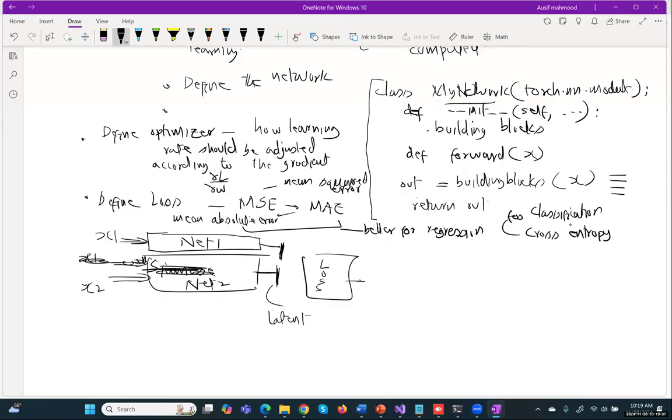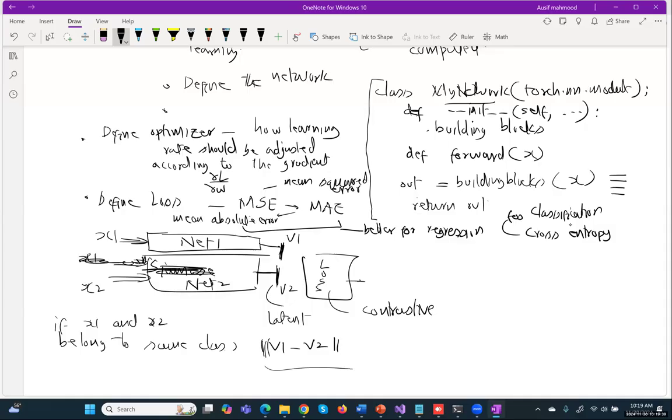So remember, if this is some vector V1 that it's producing, and this is V2 it's producing, then if X1 and X2 belong to the same category, the same class, in the contrastive loss the goal was the distance between V1 and V2. We represent it in math like this. This is called the L2 norm, and the formula is pretty easy.